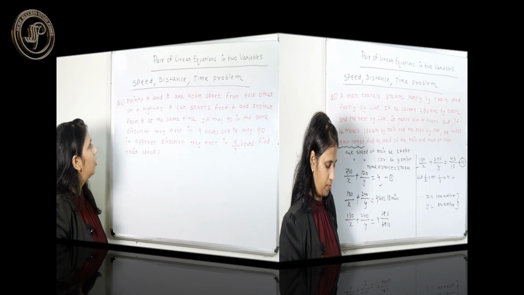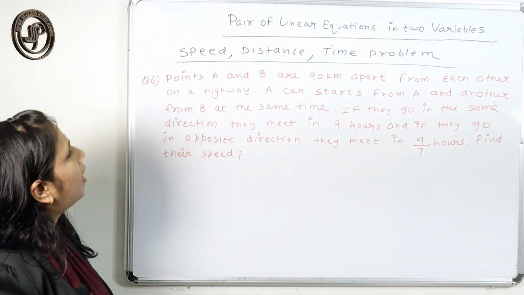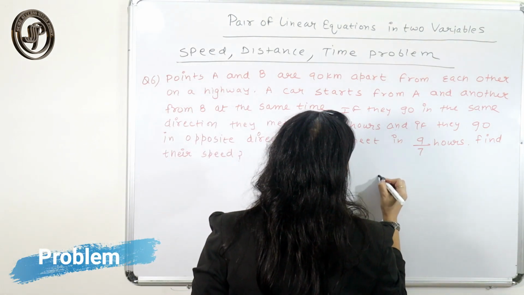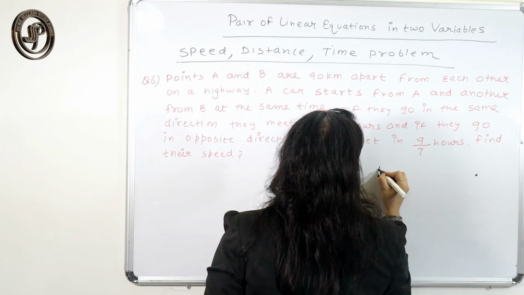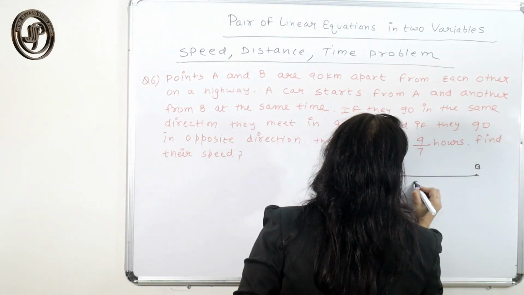Okay. So here is the question. Points A and B are 90 kilometers apart from each other on a highway.